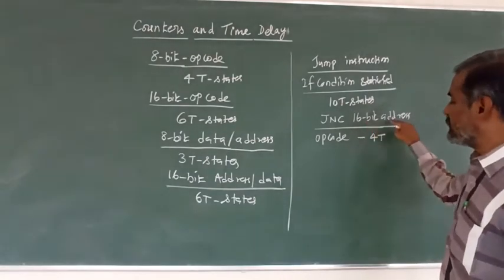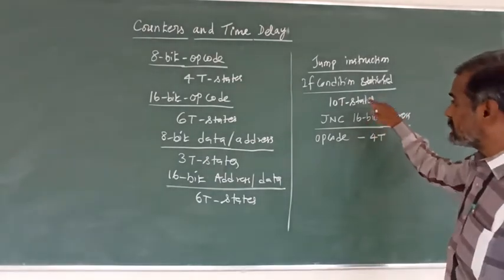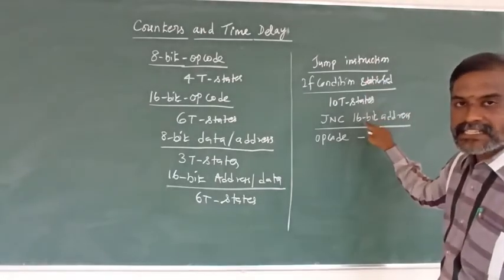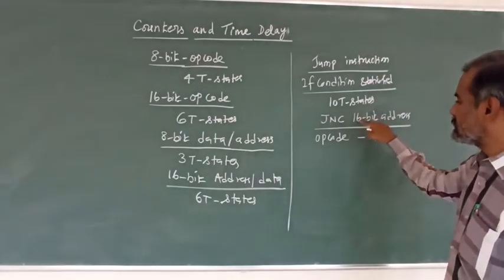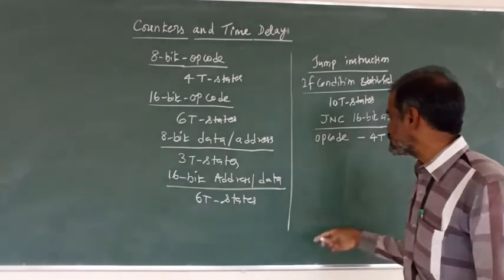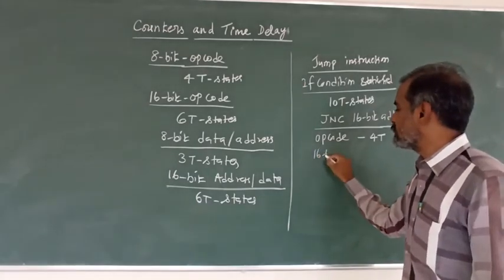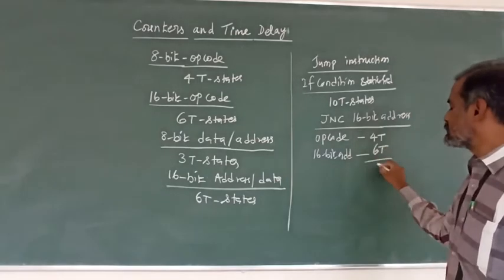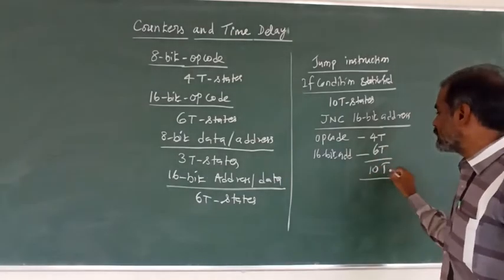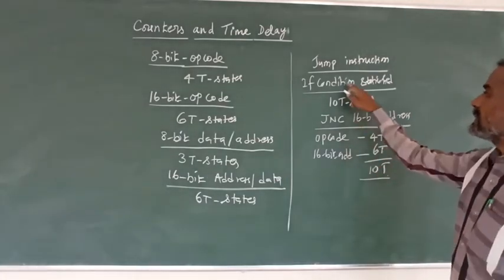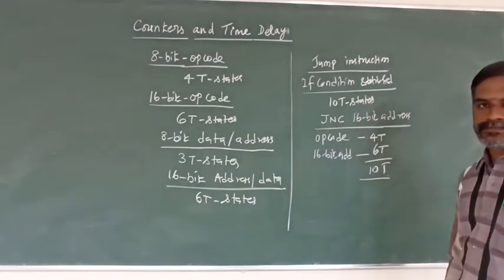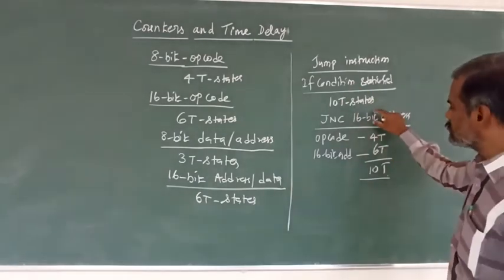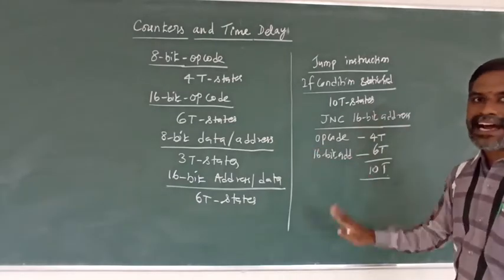And the 16-bit address, if this condition is satisfied, requires 6 T states. Total 10 T states required. When this condition is satisfied, it will jump to the given 16-bit address location.